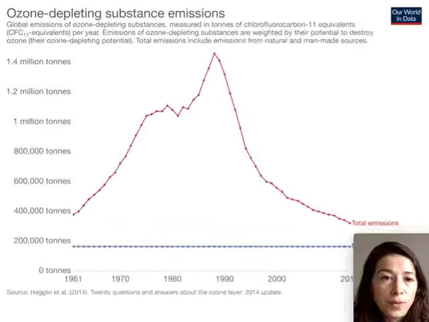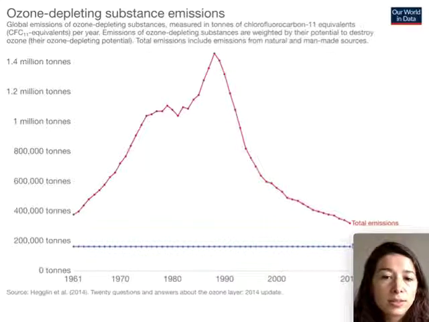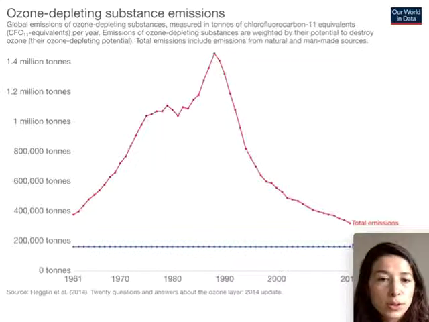We can actually quantify the amount of ozone-depleting substance emissions. So the red line is human-caused sources of ozone-depleting substances, and the blue line is natural sources of ozone-depleting substances. So, like we said, there are volcanoes and fires and other naturally occurring elements that cause air pollution and ozone destruction.